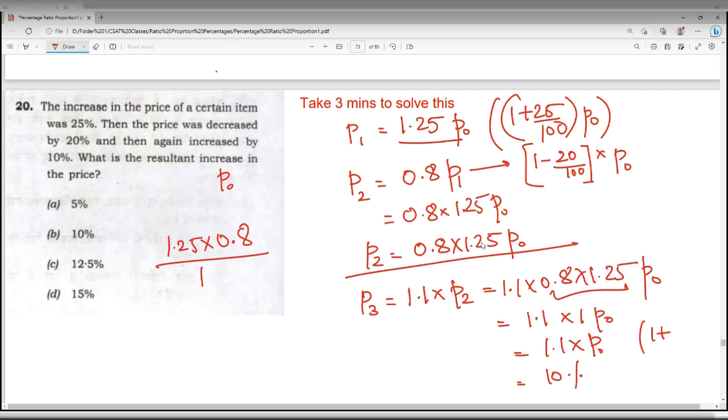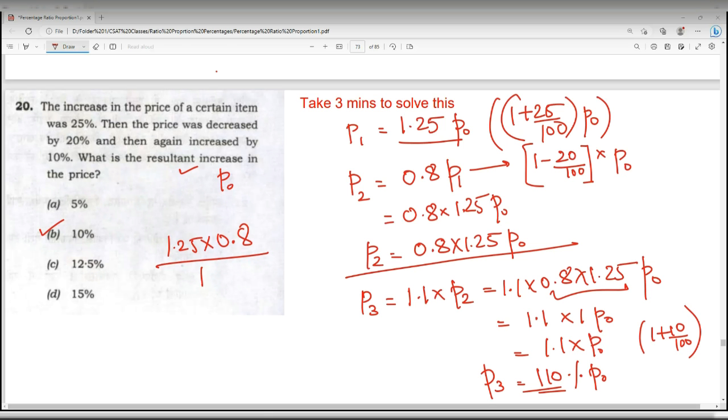This is 1 plus 10 by 100. So the final price was 10% more than the initial price P0, that is 110% of P0. So P3 was a 10% increase in the price. So the correct answer is option B.